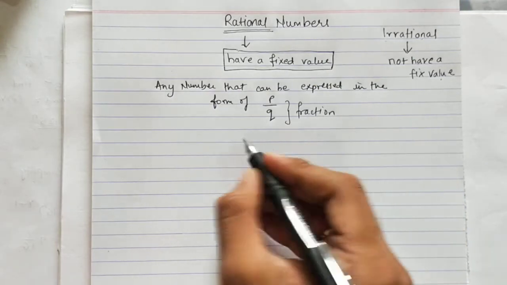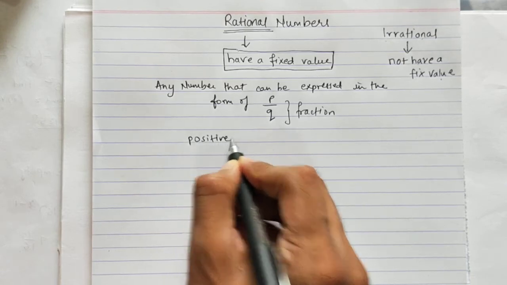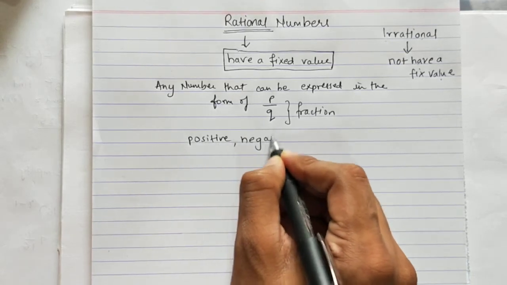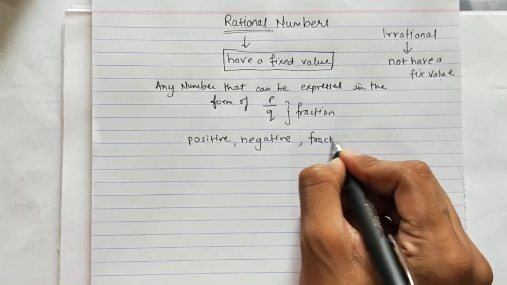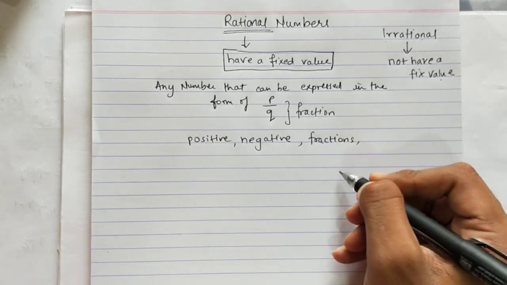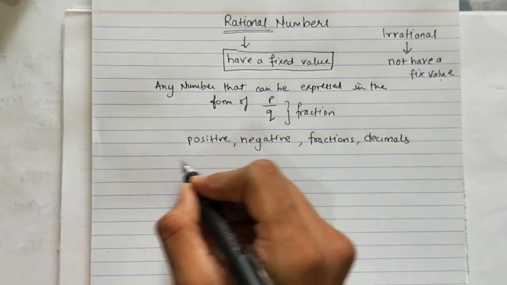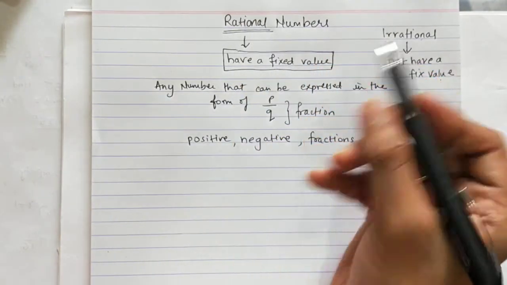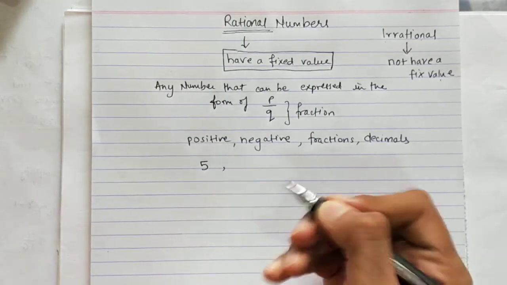Now rational numbers can be positive, rational numbers can be negative, rational numbers can be fractions, rational numbers can be decimals. Everything is included in rational numbers. Let's take examples. Positive means a number, 5, for example.